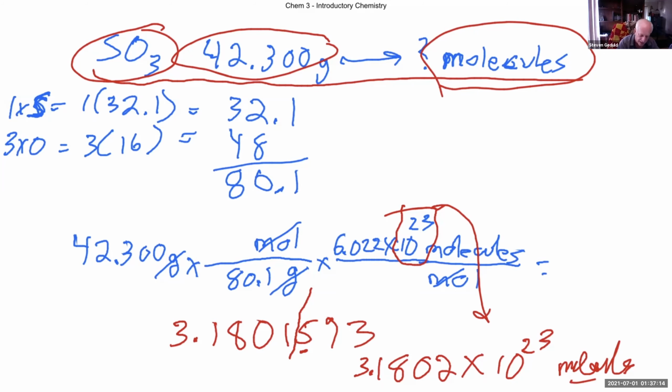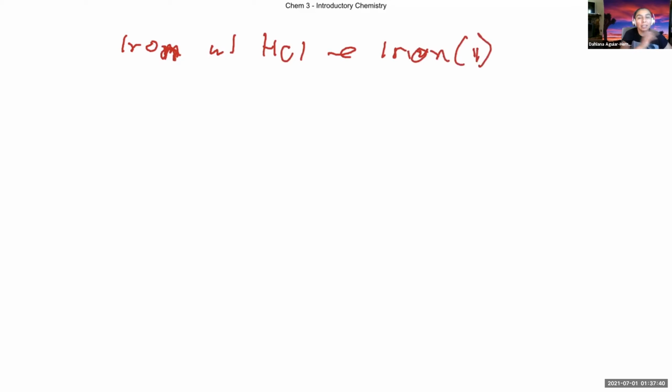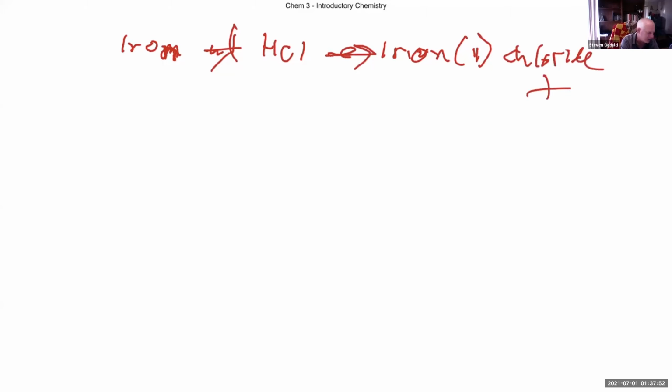Iron and hydrochloric acid. So the English would say iron metal reacts with hydrochloric acid, which is HCl, and it can produce iron 2 chloride plus hydrogen gas.